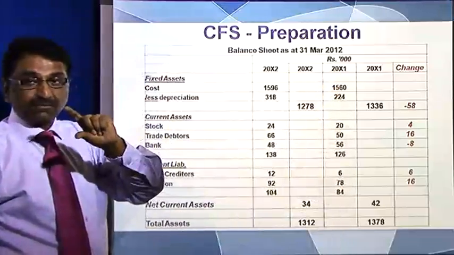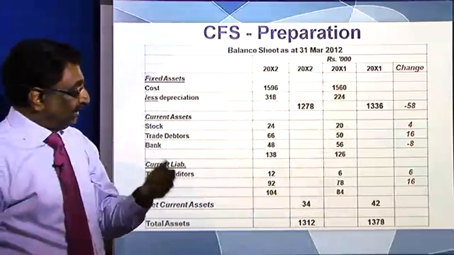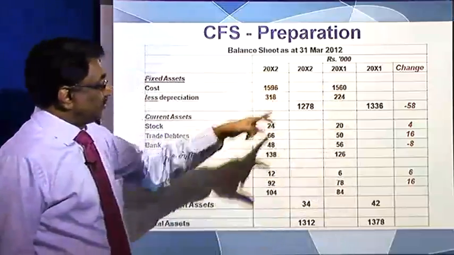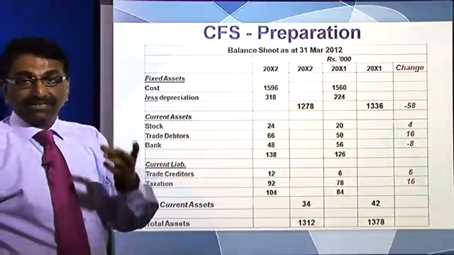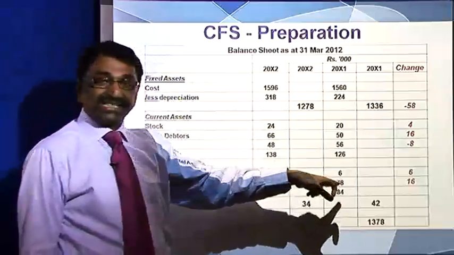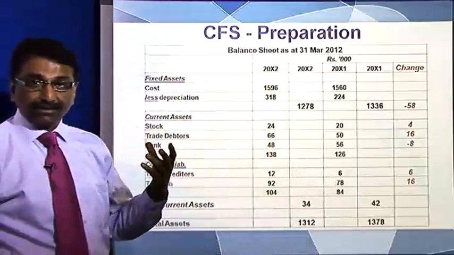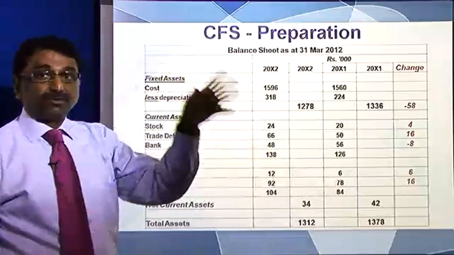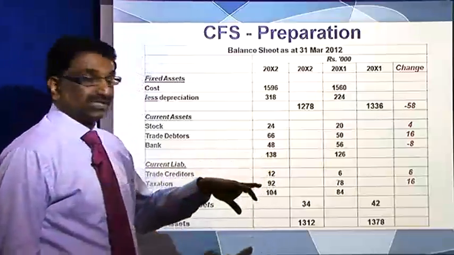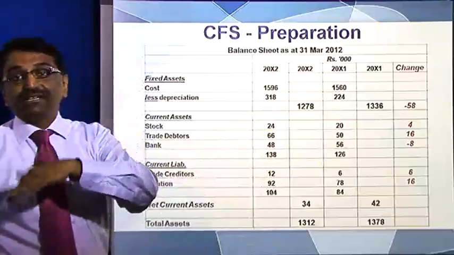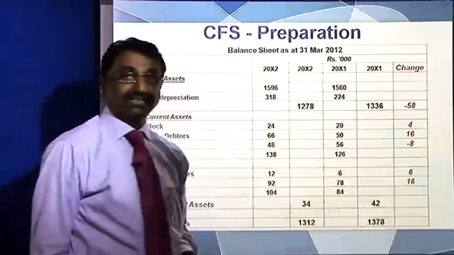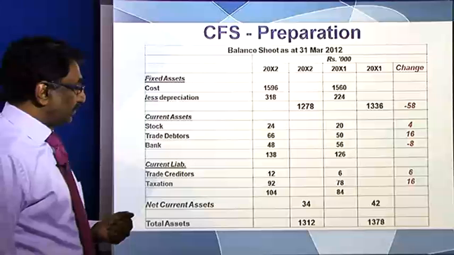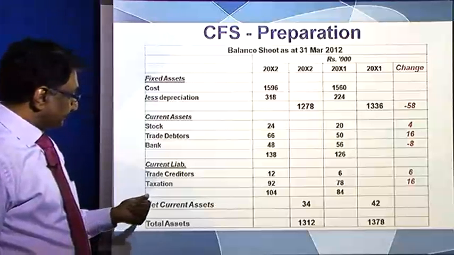So, 78 plus 124 is the actual payable, and at the end of X2, 92 is the amount that still remains to be paid. That means 124 plus 78 was the total payable, out of which some amount was paid and the balance was 92. So, this is a calculation that you will have to do separately. We cannot just directly take the increase and put it as a source or use of fund.